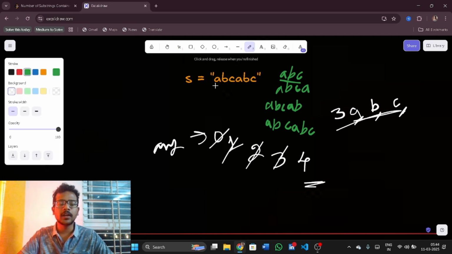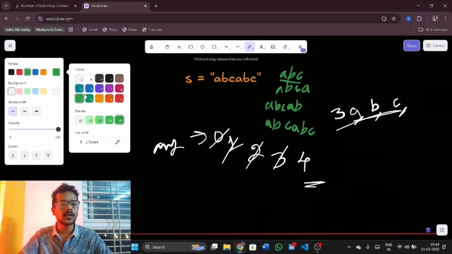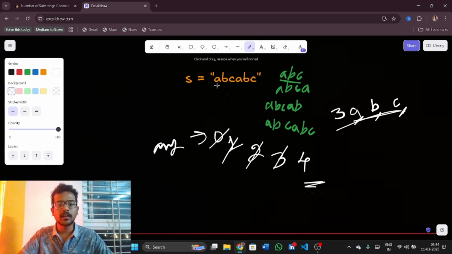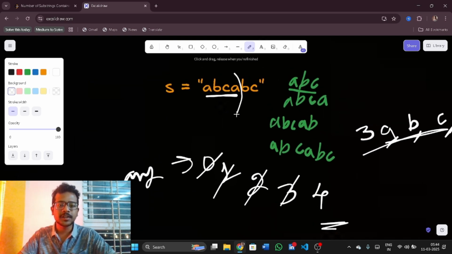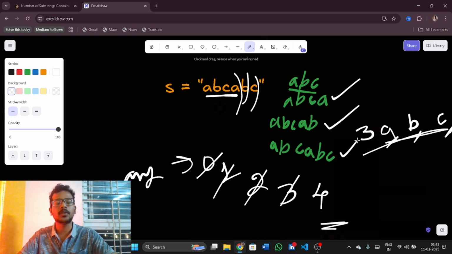Now I'll go to the next substring. But wait, here I have another substring having occurrences of A, B, C. But this substring is already taken, and A, B, C, A, B is already taken, and this one is also already taken.